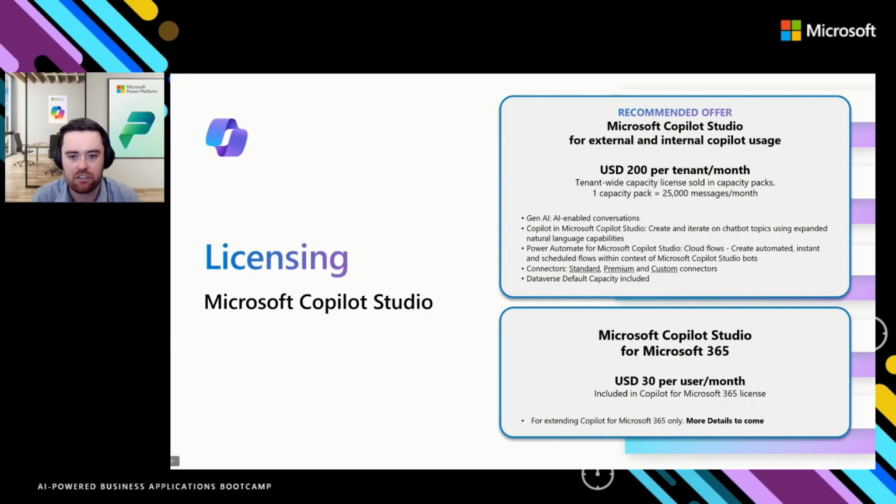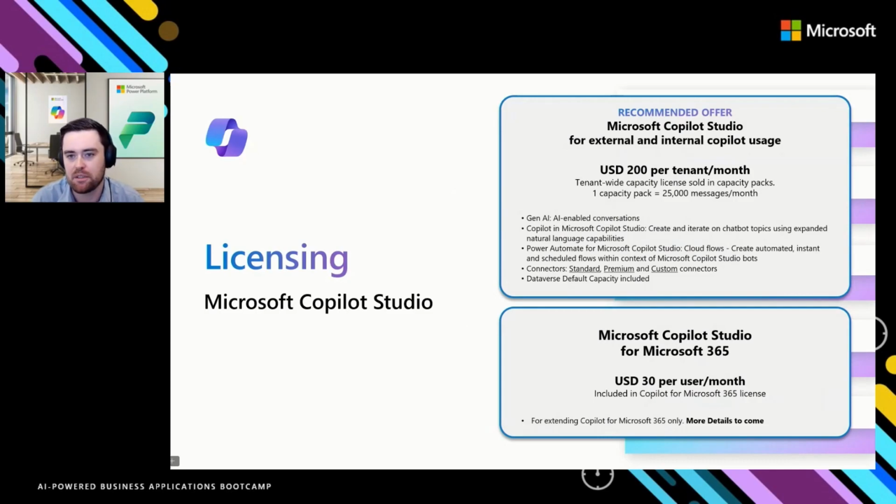The only caveat to mention with the messages is that a generative AI response, like the ones we saw with generative answers or generative actions, is going to be 2 messages to the traditional 1 message from a non-generative AI response. We also, of course, have Copilot Studio for M365, and that is essentially included with your M365 license.